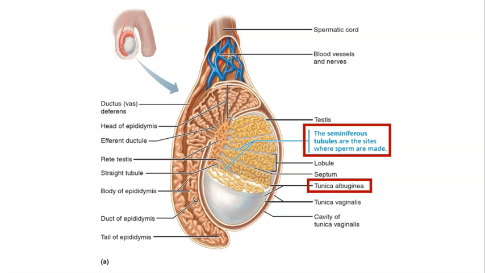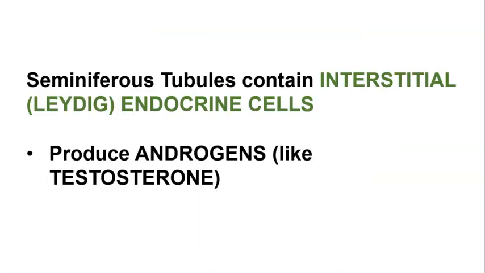So in this diagram, we see the tunica albuginea as well as the lobules that are composed of the seminiferous tubules. The endocrine cells are called the interstitial endocrine cells, which function to produce testosterone when they are stimulated by luteinizing hormone from the anterior pituitary. The interstitial cells are also referred to as the Leydig cells.